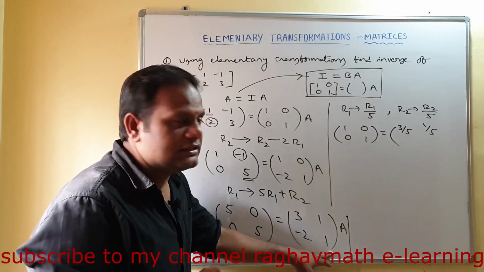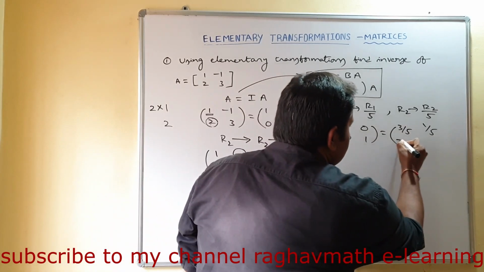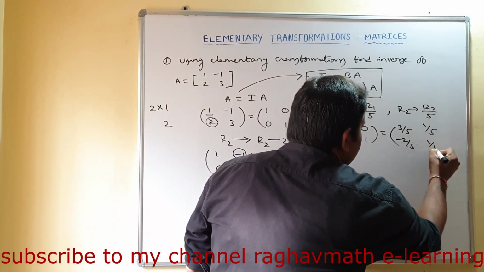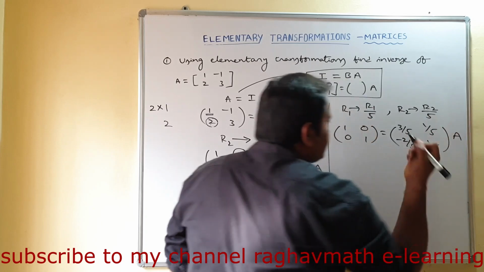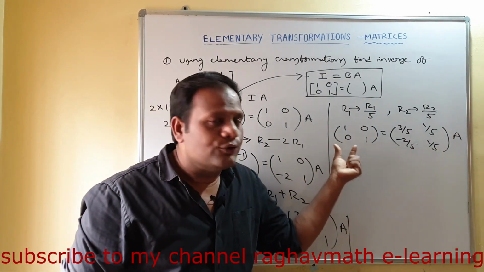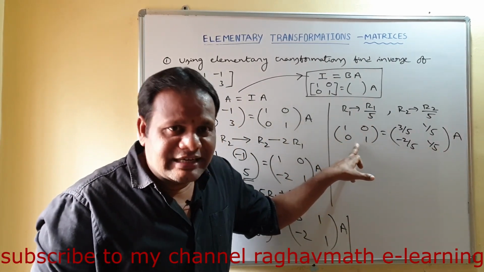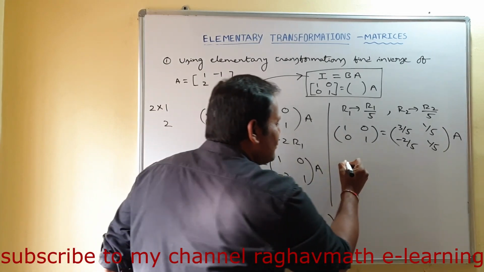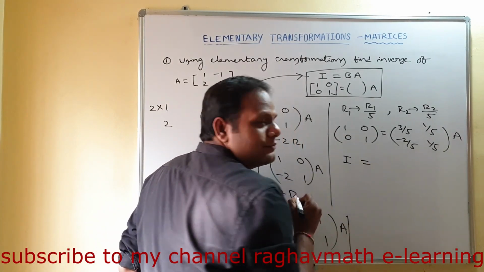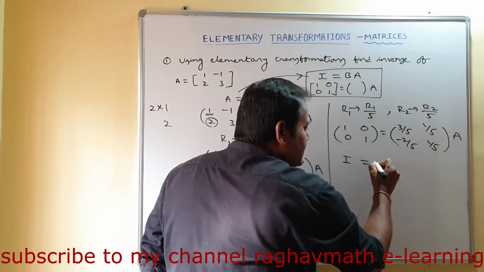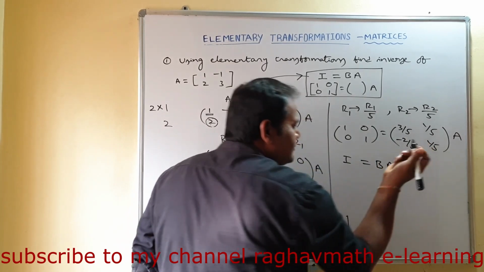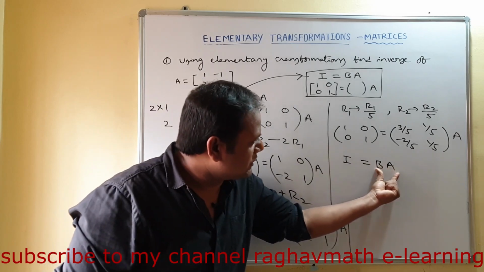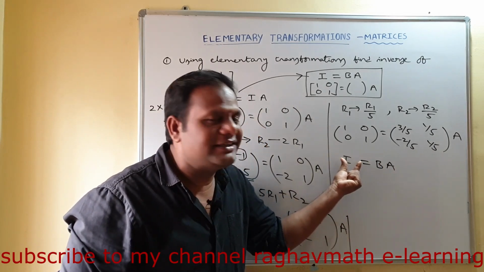Here also divide this with 5. Then what you get is minus 2 by 5 and 1 by 5, into A. Okay, what did we get? You look at this. Is it the identity matrix? Yes, we got it. So I is equal to, this is a matrix, I named it as B, BA. That's all. We got the product of two matrices as the identity matrix.